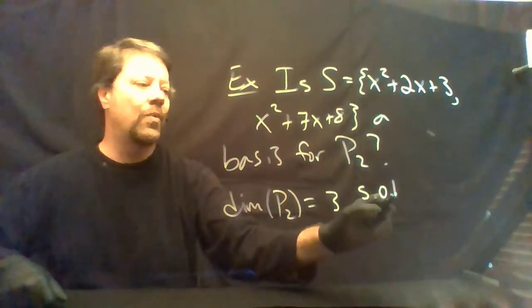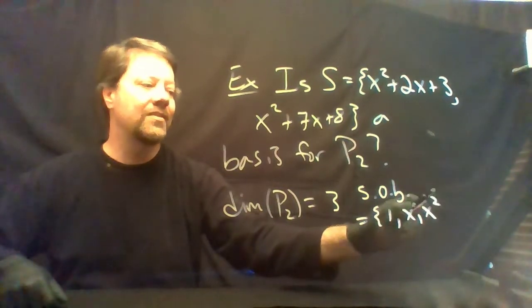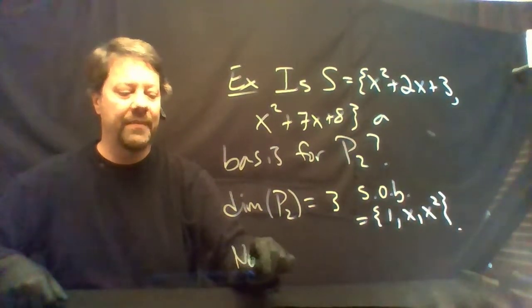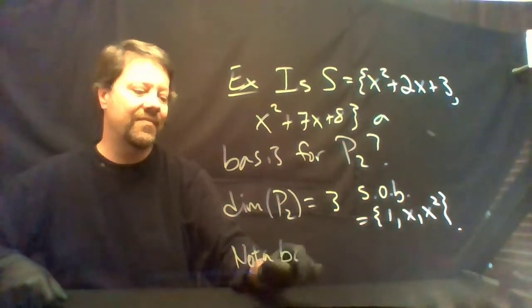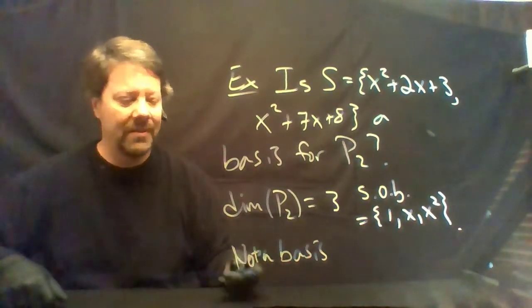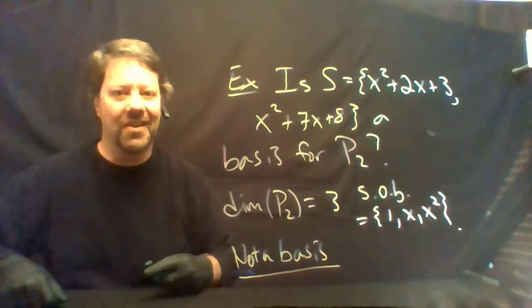The standard ordered basis is 1, x, x squared. Therefore, nope, this is not a basis. The set has cardinality 2, and so it can't be a basis because every basis has cardinality of 3.